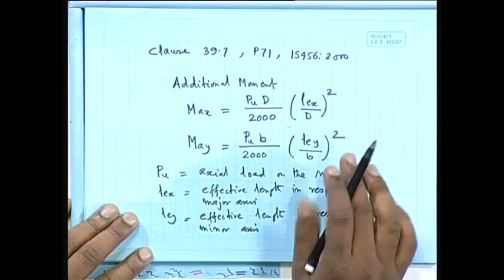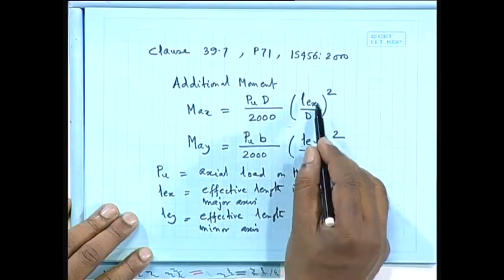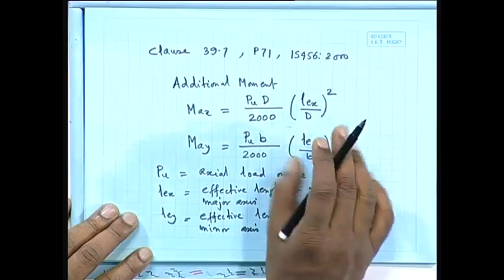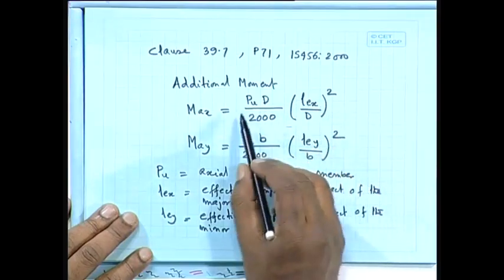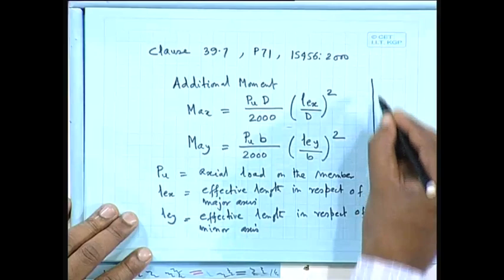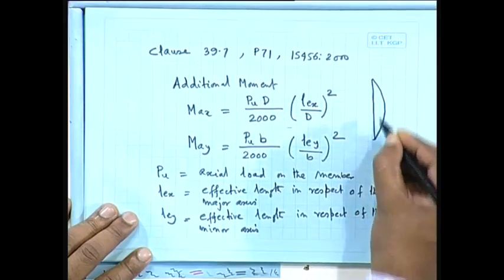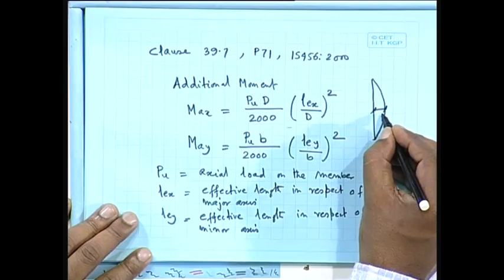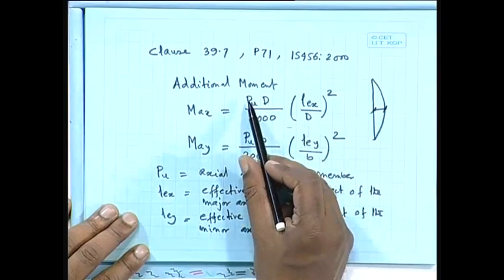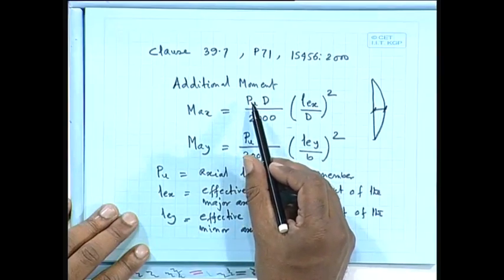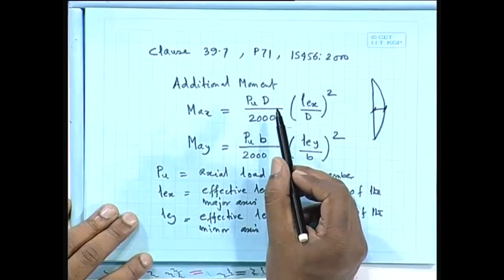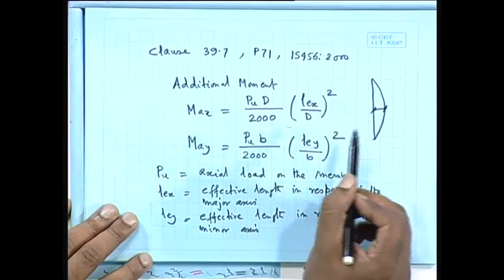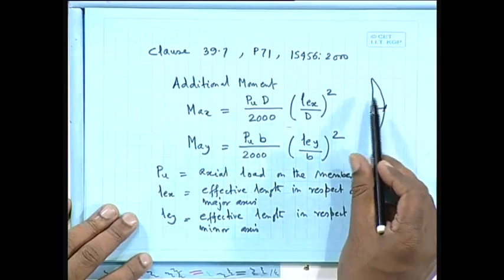So, D by 2000 times LEX by D whole square is nothing but the eccentricity, and if we take it the other way, we are getting this value from the buckling point of view. If you consider the critical load, the first mode of buckling, second mode of buckling, from there you can find out that eccentricity, and accordingly we can calculate.